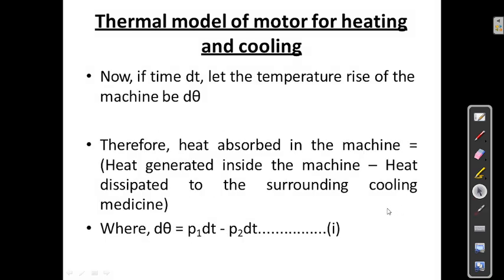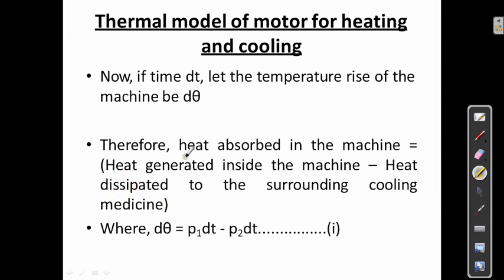Now, in time dt, let the temperature rise of the machine be d theta. The heat absorbed in the machine is equal to the heat generated inside the machine minus the heat dissipated to the surrounding cooling medium.